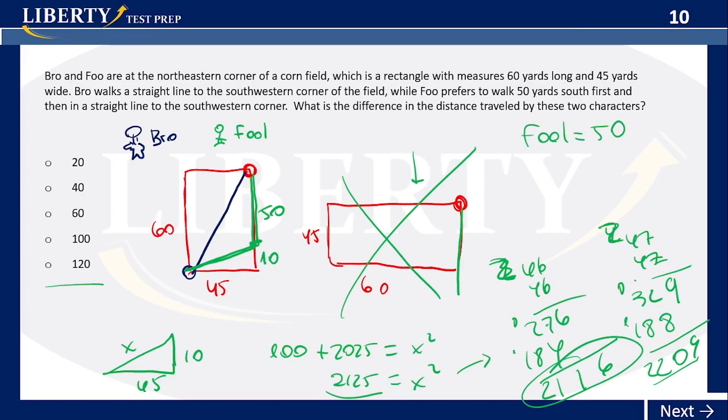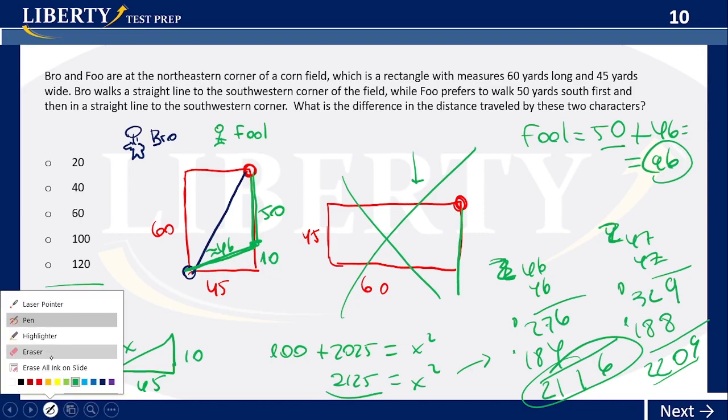So let's say x is kind of 46, not quite, but kind of 46. So this fool walked 50 plus 46, a little more than 46, so he traveled about 96 yards. That's what the fool did.